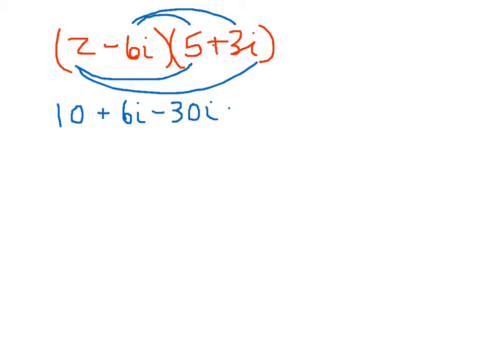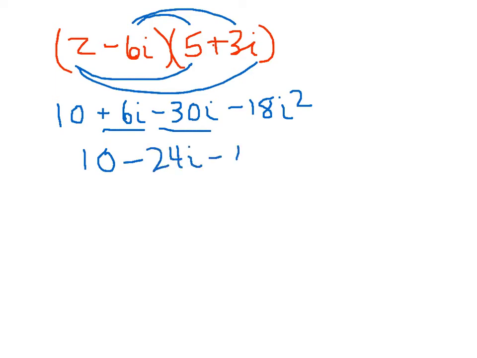and minus 18i squared. So on the next step, I'm just going to combine what I can combine, and that's the 10 stays the same. But plus 6i minus 30i will be a minus 24i. Minus 18i squared. Well, we can never have an i raised to a power in your answer, ever.